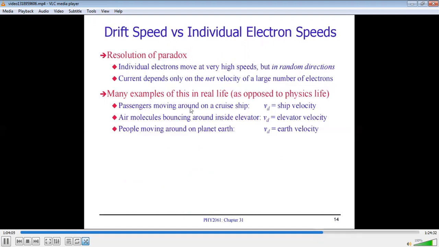Passengers moving around on a cruise ship: drift velocity equals the velocity of the ship. Air molecules bouncing around inside an elevator: drift velocity will be the elevator velocity. People moving around on planet Earth: the velocity of Earth will be the drift velocity. So this is the real life example for drift velocity versus individual electron speed.